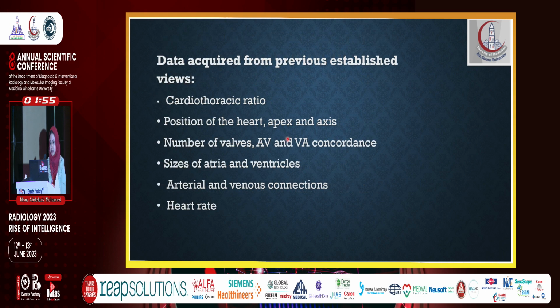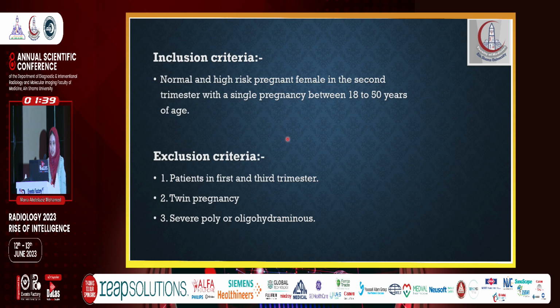We acquired data from these established views, which included the cardiothoracic ratio, the position of the heart, apex axis, number of valves, AV and VA concordance, sizes of atria and ventricles, atrial and venous connections, and heart rate. We included normal and high-risk pregnant females in the second trimester with a single pregnancy, between 18 and 50 years of age, and we excluded the first and third trimesters, twin pregnancy, and severe poly- or oligohydramnios patients.